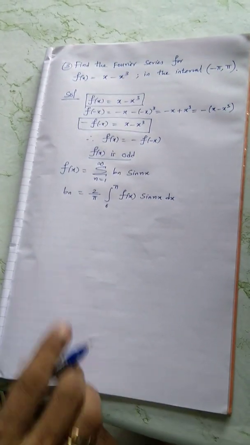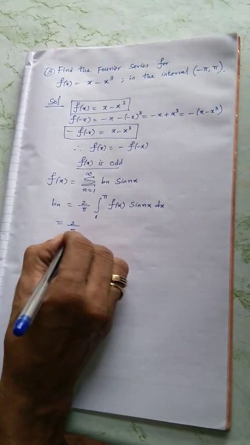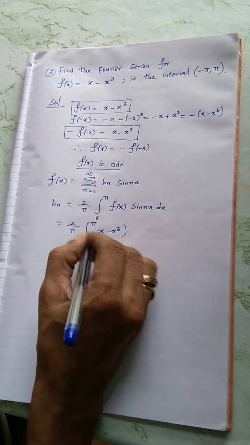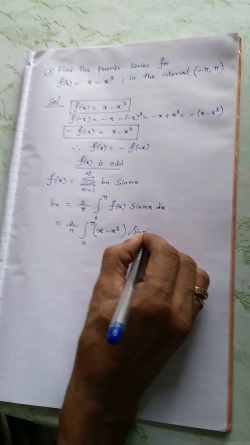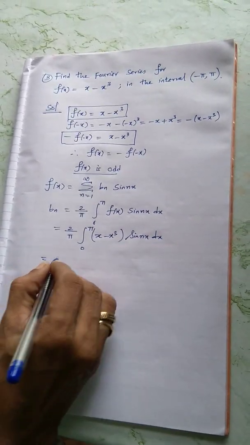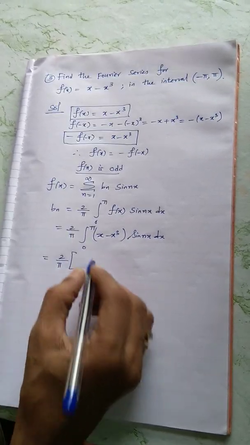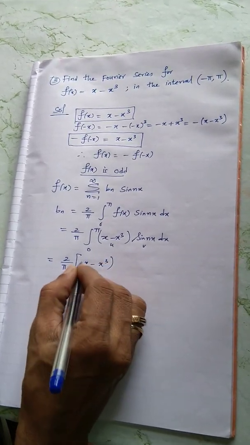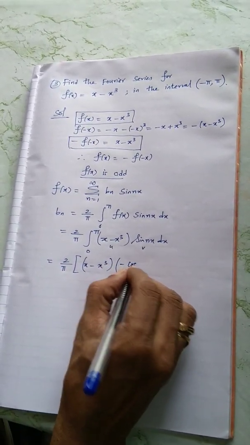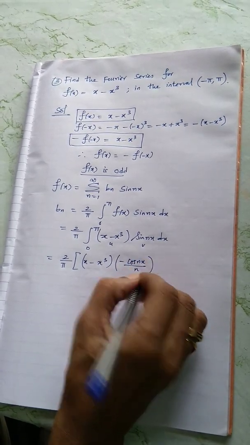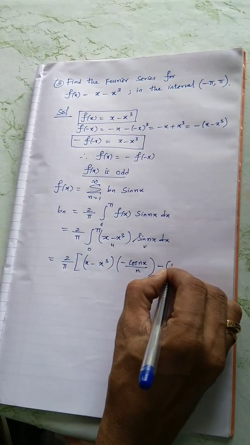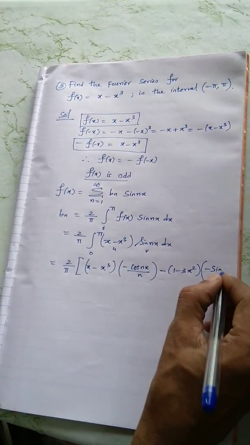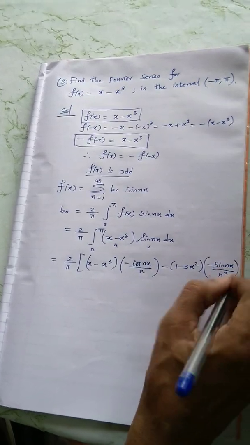So when I substitute the function f of x, x minus x cube into sine nx dx, 2 by pi, I am going to apply Bernoulli's formula. This is u, the second one is v. So x minus x cube, integral of sine is minus cos nx by n, minus the derivative of this, 1 minus 3x square, and integral of cos is minus sine nx by n square.